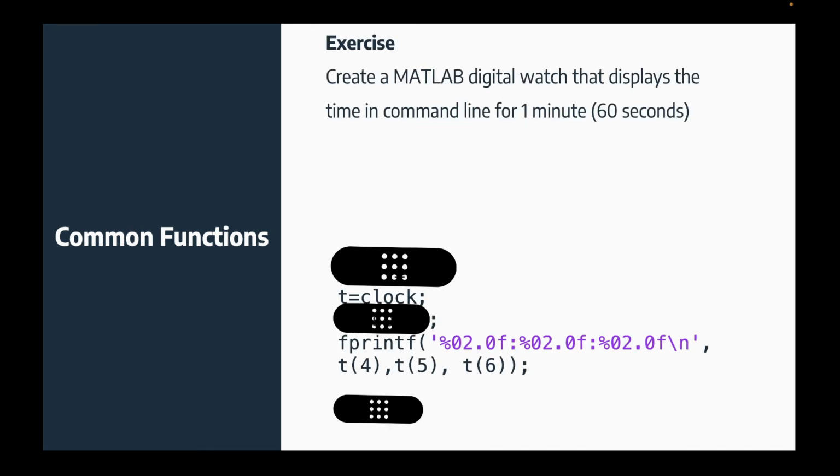So you have t equals clock, which will give you the clock at that exact moment, and you continue with t4, t5. The previous slide is exactly these two. Now I'm asking you to create a MATLAB digital watch that displays the time in the command line for 1 minute or 60 seconds.